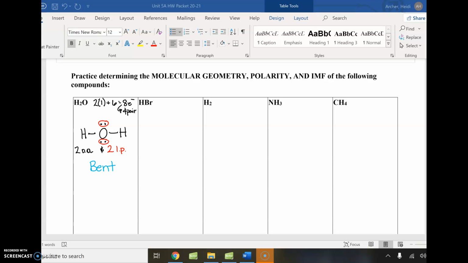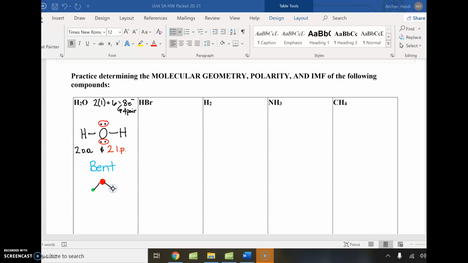So we can take a look at the shape itself. The shape itself has oxygen in the middle, and it has hydrogen on either side when we bend it like it actually is.